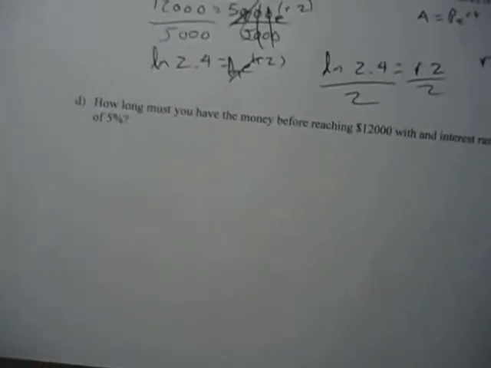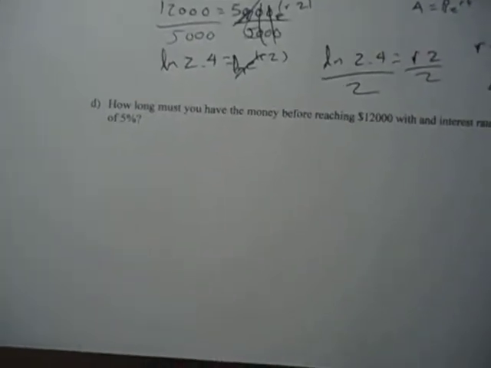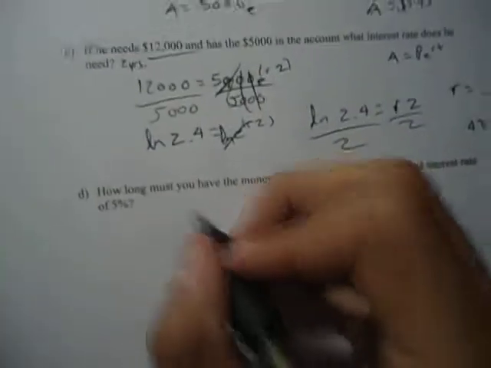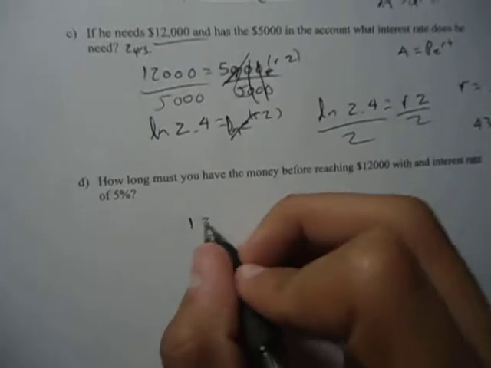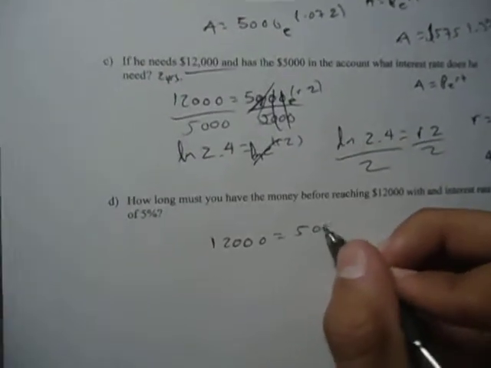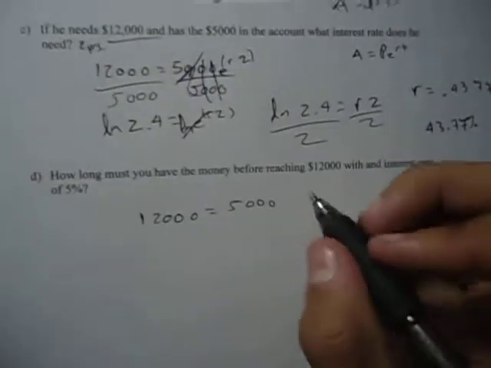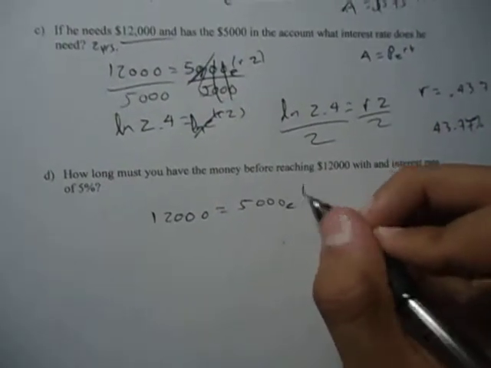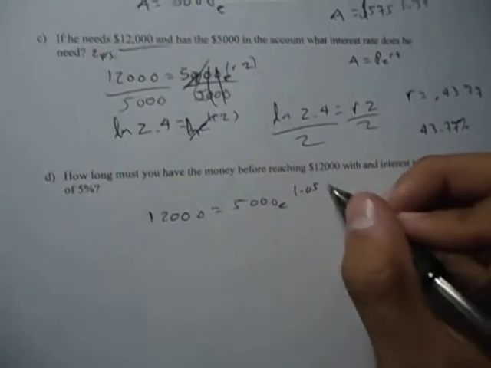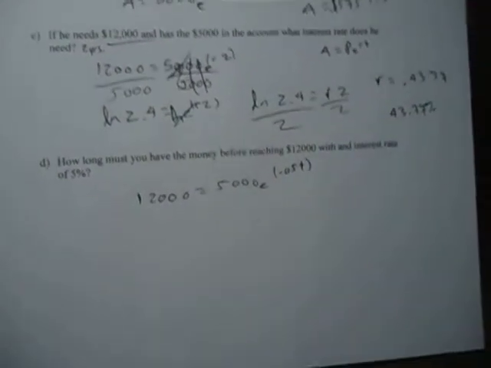And now finally part D: how long must you have the money before reaching 12,000 with an interest rate of 5%? We use Pe^(rt) again, so 12,000 is equal to 5,000e, and now we have 0.05 for our rate, and we're finding the time.